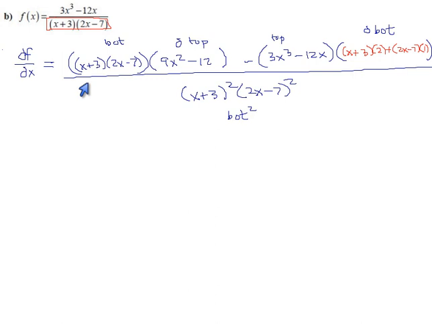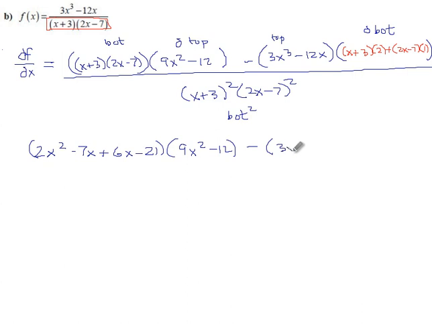Let's see, I will FOIL this first because these are side by side. We get 2x squared minus 7x plus 6x minus 21, and all that will be multiplied by 9x squared minus 12. To save time, actually, no, I'll do that in a minute, sorry. For now, never mind.